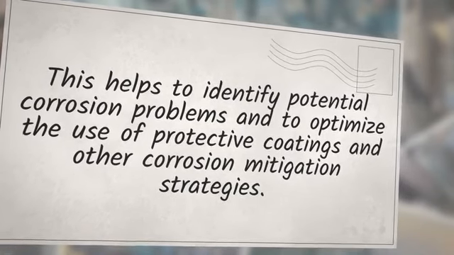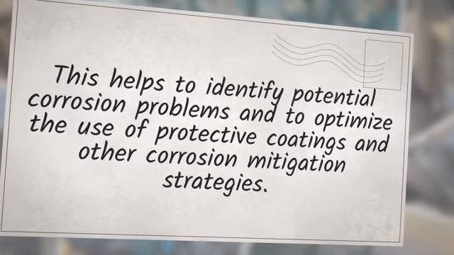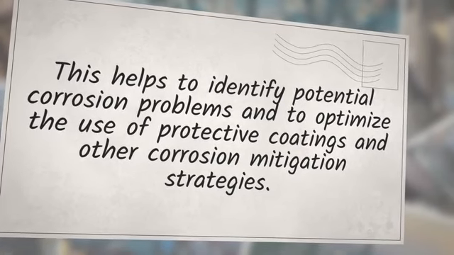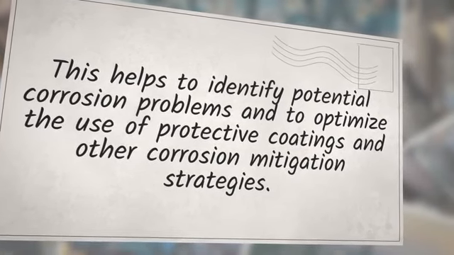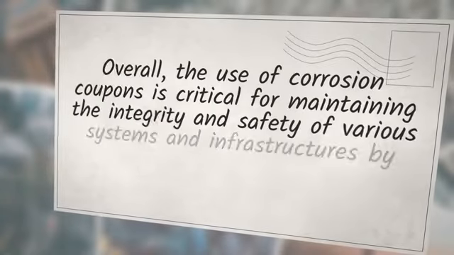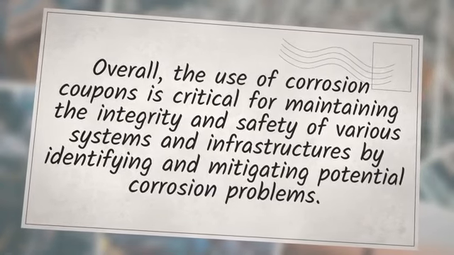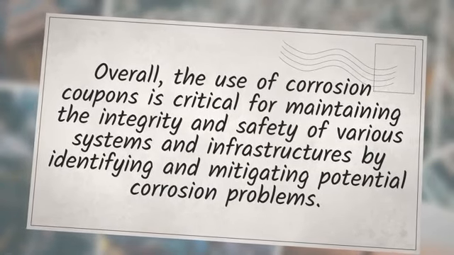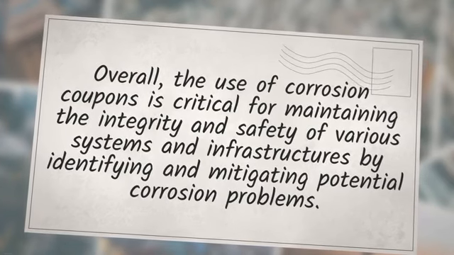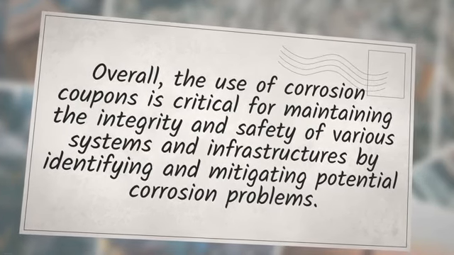This helps to identify potential corrosion problems and to optimize the use of protective coatings and other corrosion mitigation strategies. Overall, the use of corrosion coupons is critical for maintaining the integrity and safety of various systems and infrastructures by identifying and mitigating potential corrosion problems.